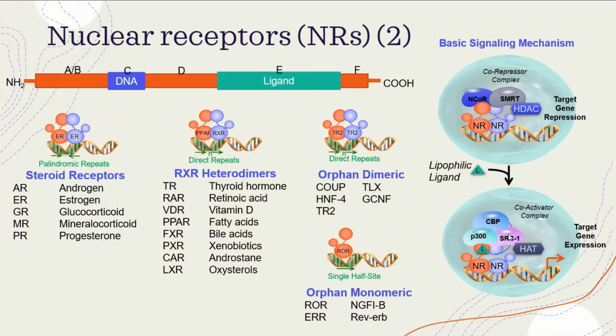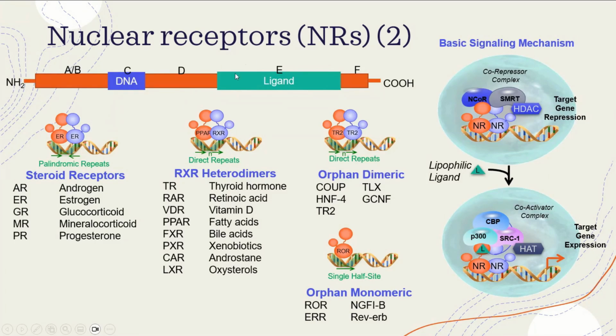And really, the two domains that I want to focus on are the DNA binding domain and the ligand binding domain. So every receptor, and there are a variety of different receptors here, has specific structures of ligand that it's looking for. For example, the androgen receptor is looking for the androgen testosterone structure in order to bind and regulate gene expression.